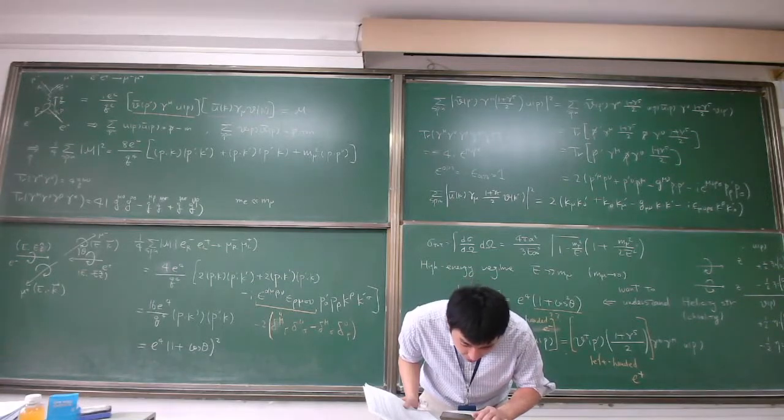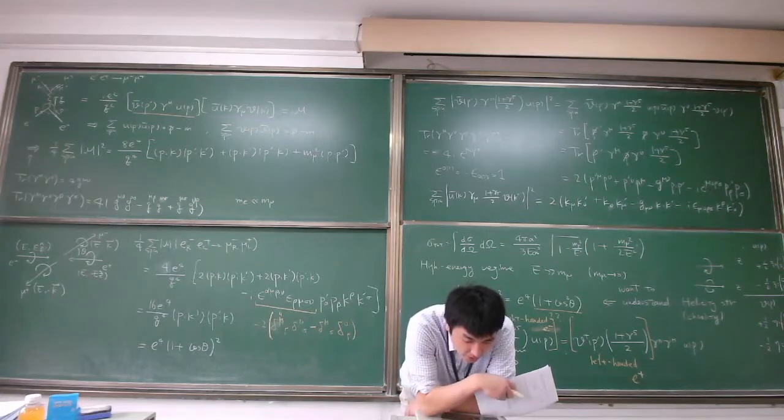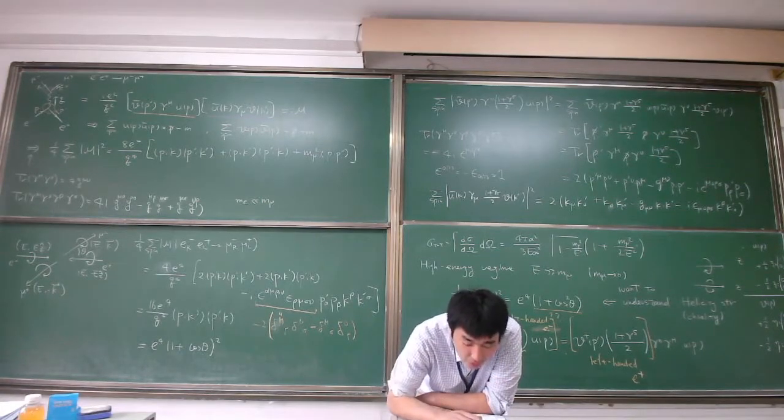Let me check now. The total cross section is... no. I think it's a typo of Peskin and Schroeder. Anyway, I don't care. This is kind of proportional to something.